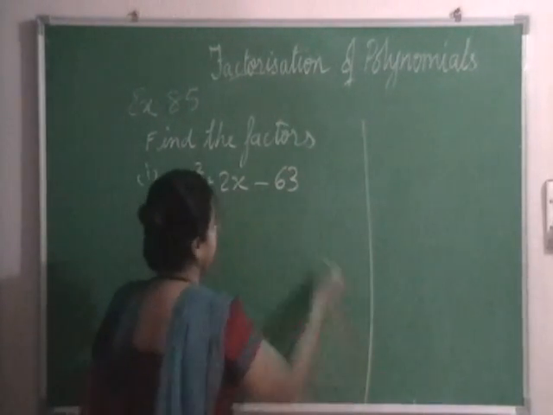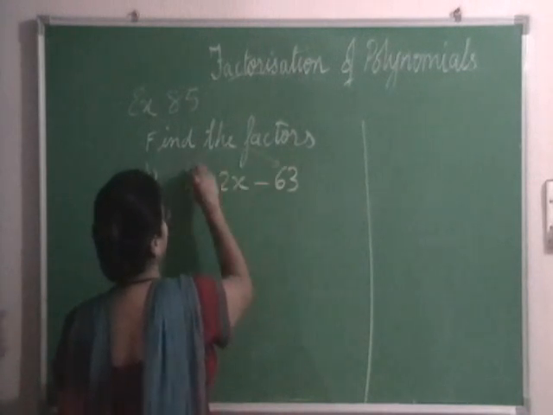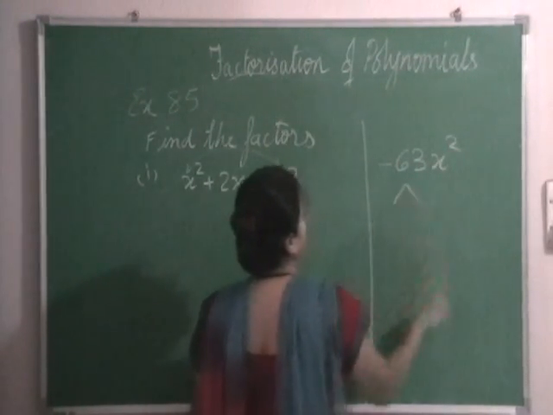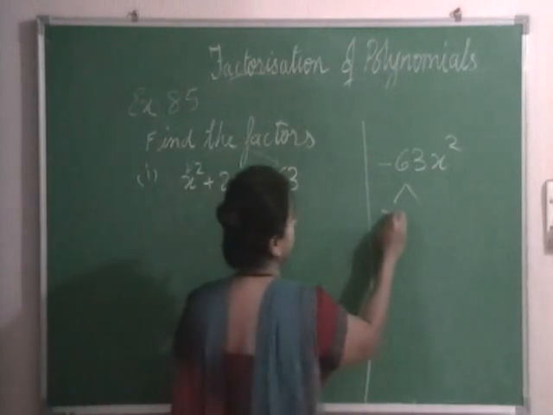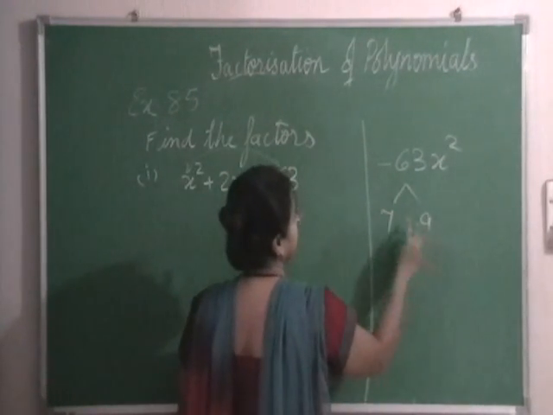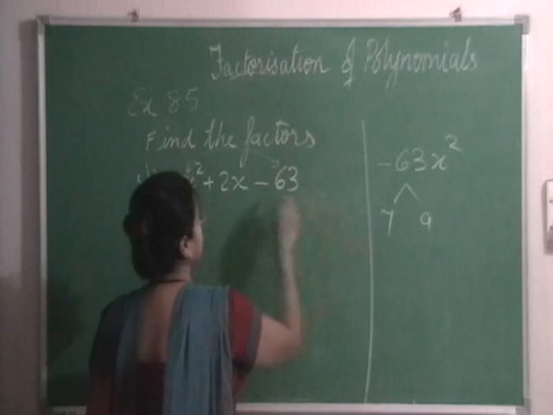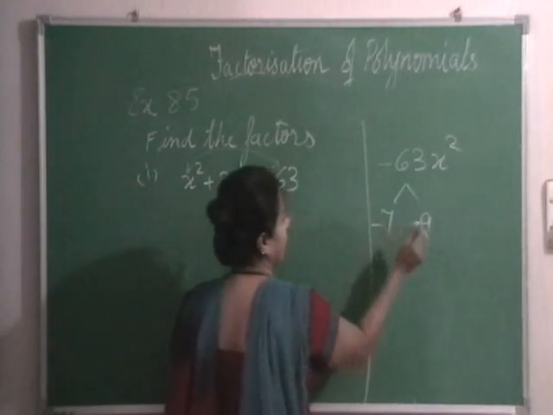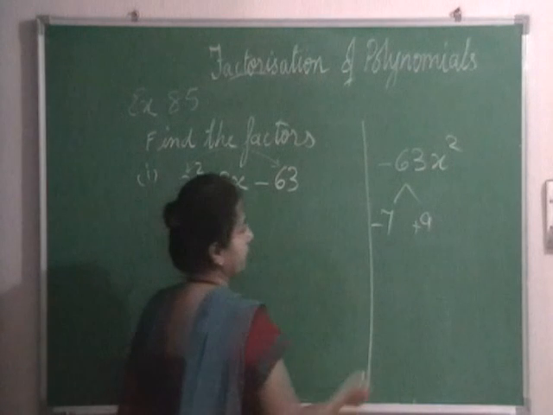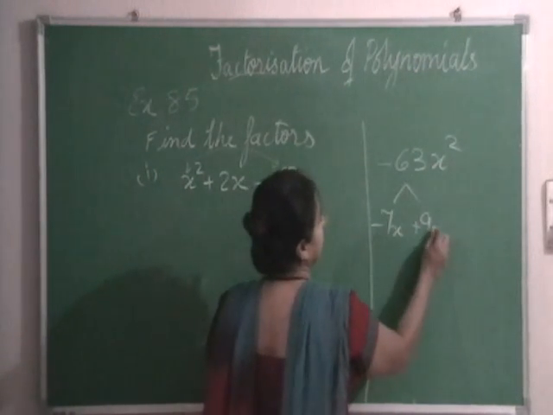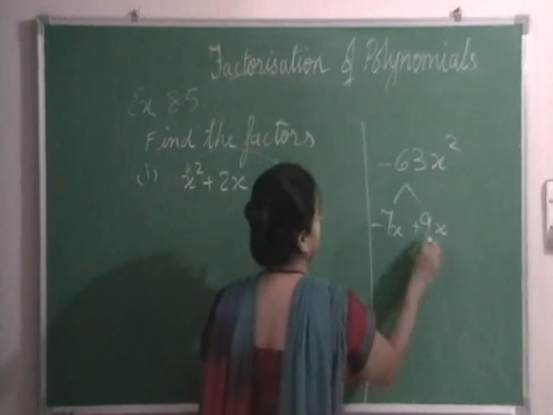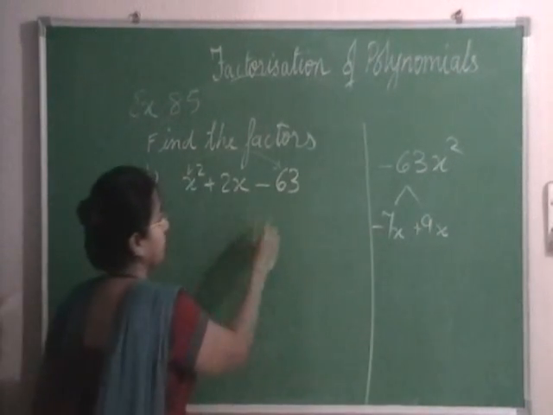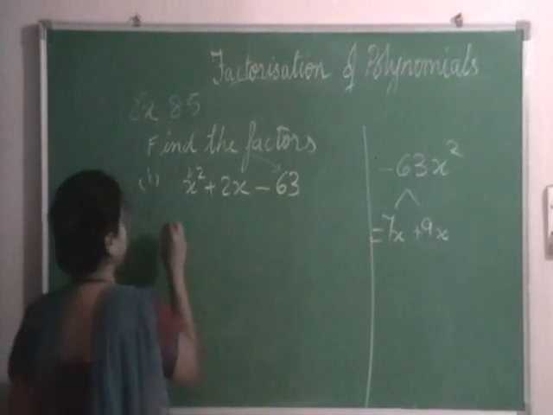Now when you factorize this, multiply the first and the last term, it comes to minus 63x square. And if you factorize this, you know it, 7 9s are 63 and 9 minus 7 gives you 2. Middle sign to the bigger number and minus sign to the other one. Minus 7x plus 9x. Check, multiply gives this, add gives this. So this is the right factor.